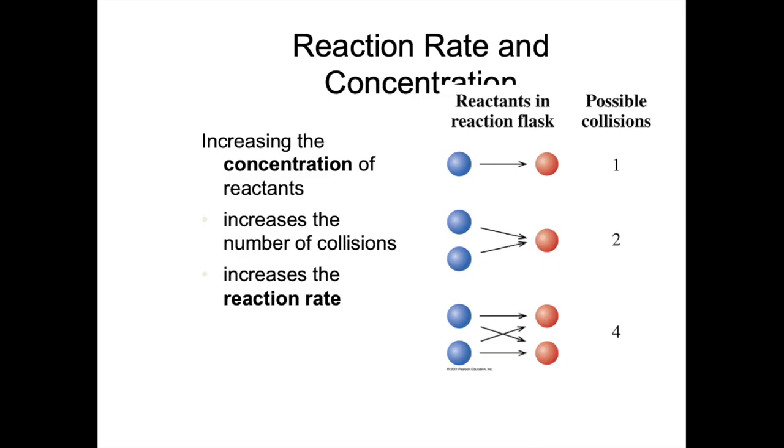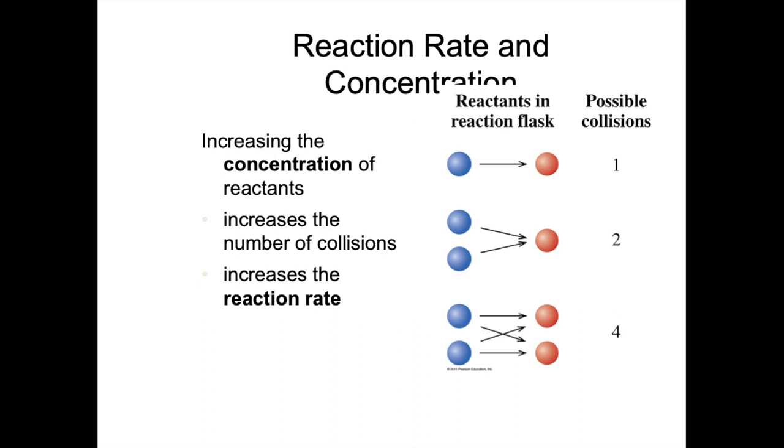Likewise, if we double both our concentrations, our red and our blue reactants, we actually wind up quadrupling our reaction rate. There's 4 times as many potential collisions that we've allowed for now. For those of you going on to Chem 111, 112, it's a little bit more complicated than this.